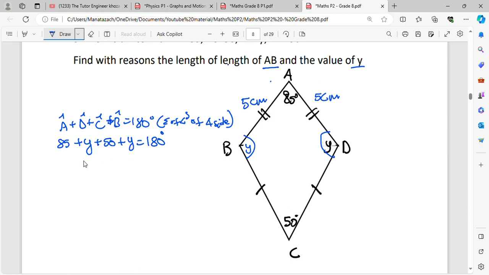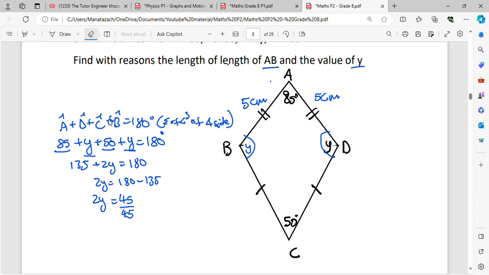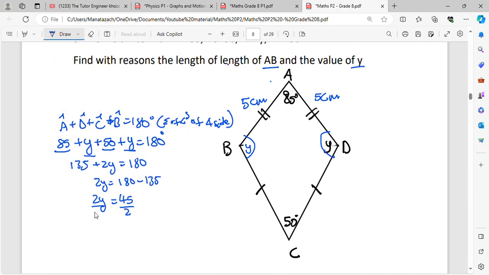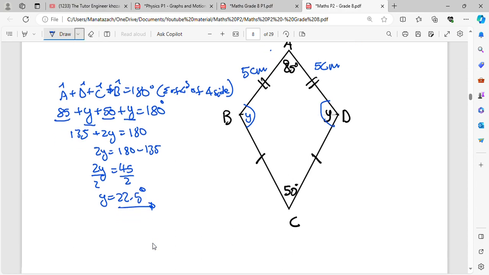So from here on, we're going to solve for Y. So Y is 22.5 degrees. So let's move to the next question.